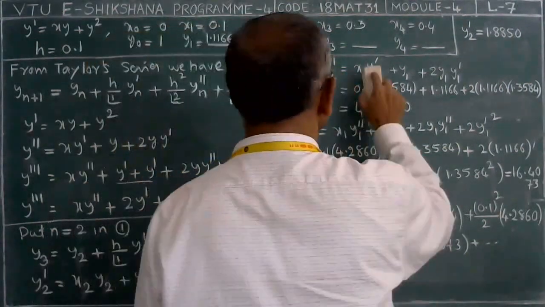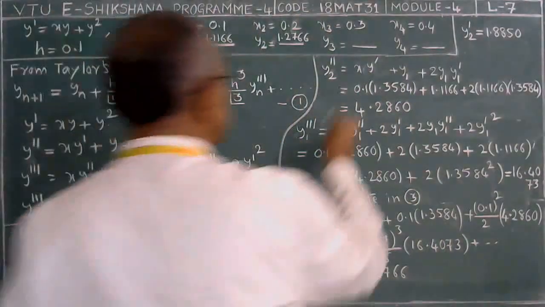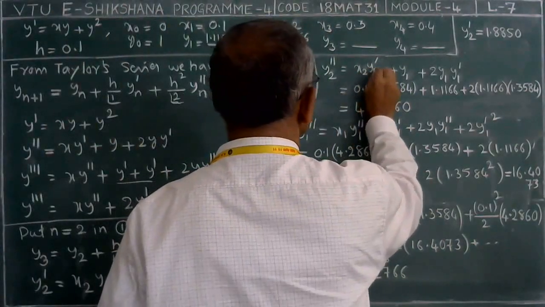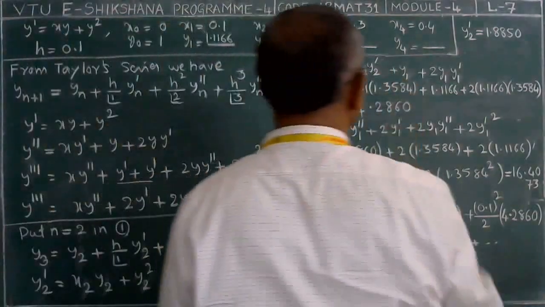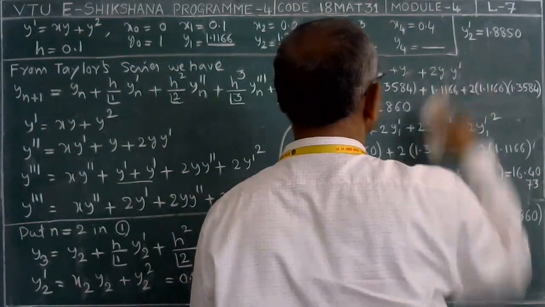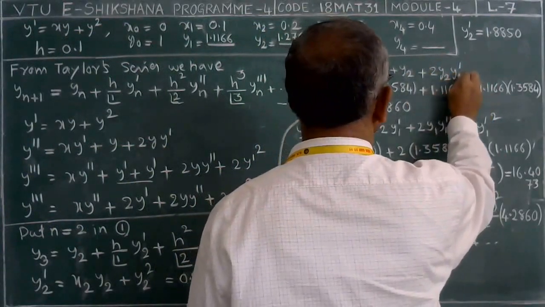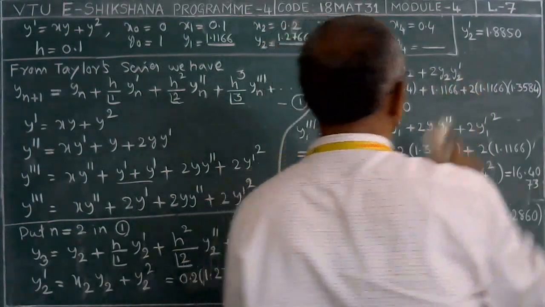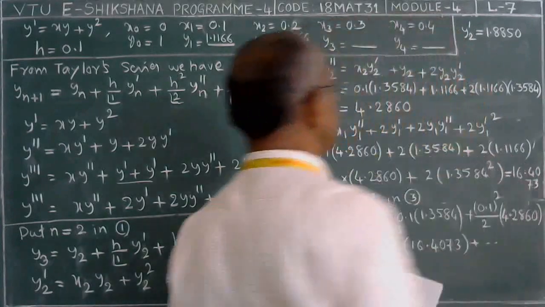Similarly, I have to calculate y2 double dash. y2 double dash is equal to x2 y2 dash plus y2 plus 2 y2 into y2 dash.